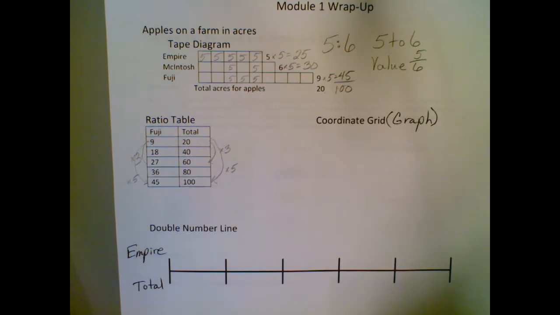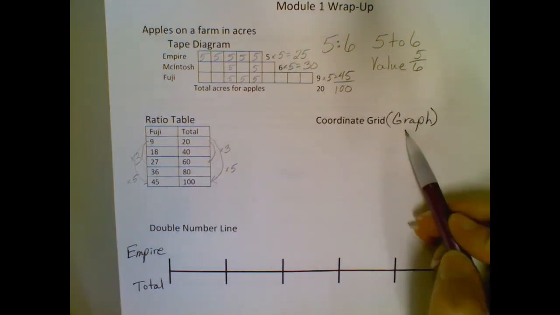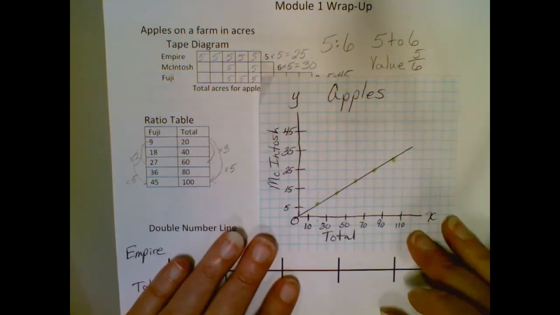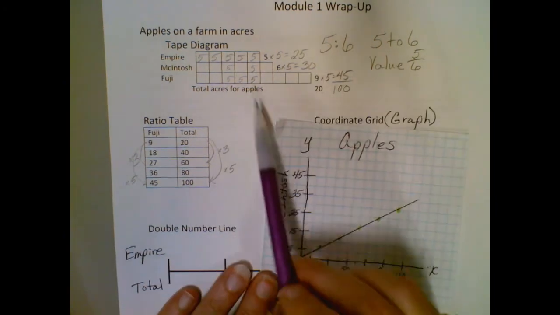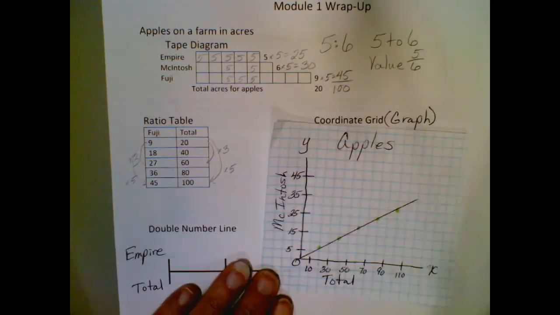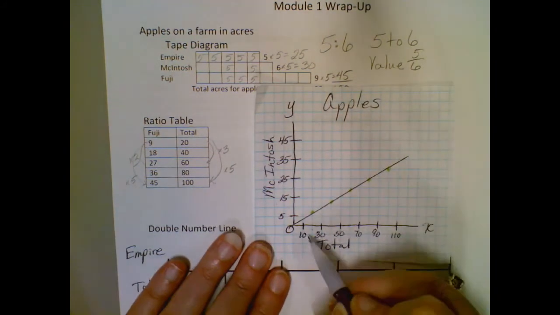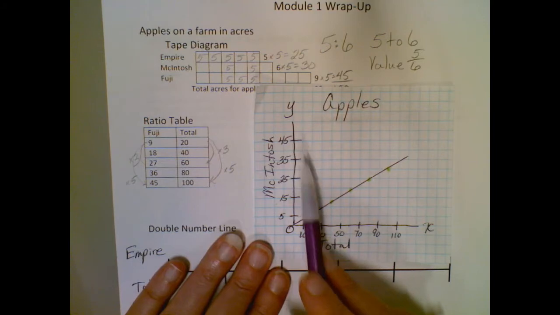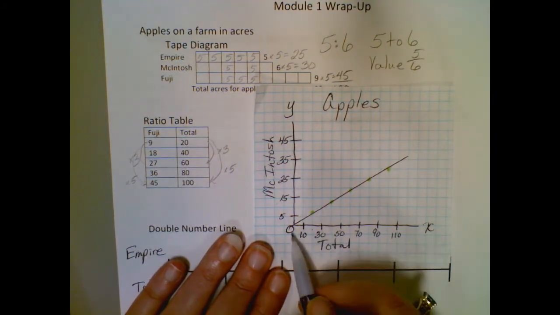We also have worked through graphing on a coordinate grid. It was larger, so I couldn't put it on there, but I used the Macintosh for this. Macintosh 6 groups out of the 20. So my X is the total, and my Y variable was the Macintosh apples.